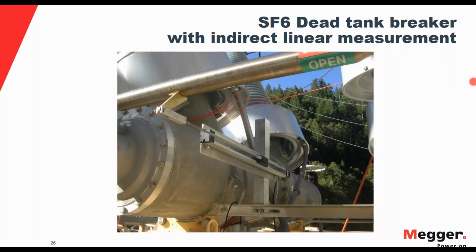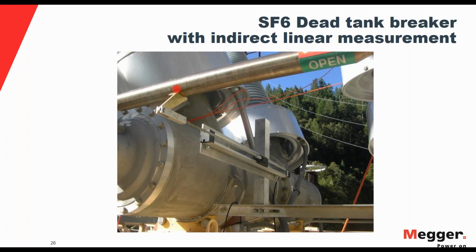This is a picture for an SF6 dead tank breaker, where they connected the transducer, a linear transducer, but not directly to the mechanism, which you can see the interrupters behind. It's not connected to it, but to a helping arm here. You can see this arm, and the transducer is connected to it.